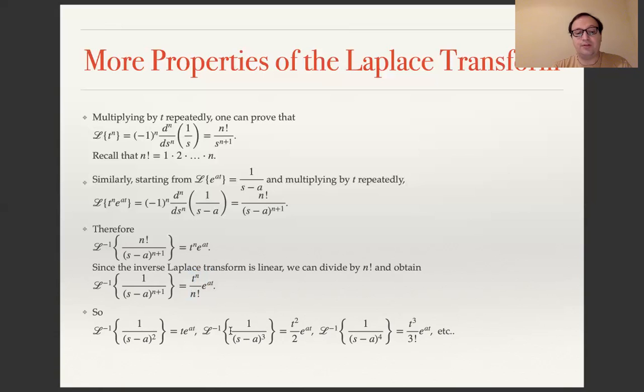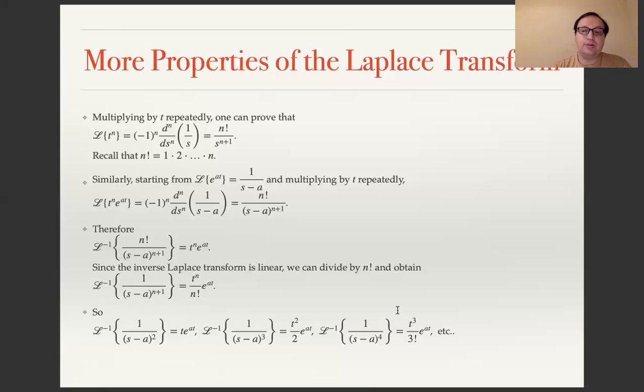The inverse Laplace transform of 1 over s minus a cubed is t squared over 2 e to the at. The inverse Laplace transform of 1 over s minus a to the fourth is t cubed over 3 factorial e to the at, and etc. So the next one will be t to the fourth over 4 factorial, and so on.